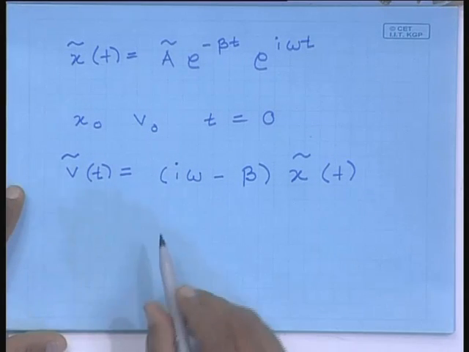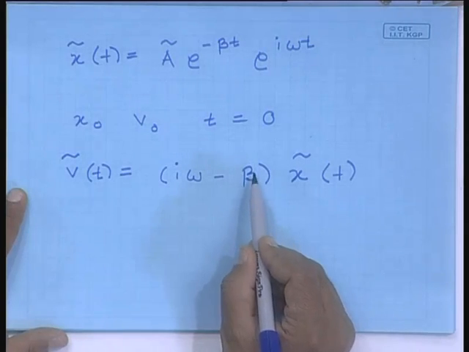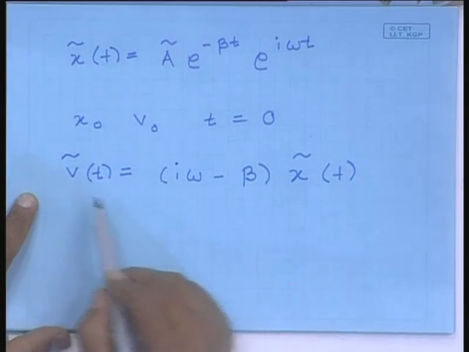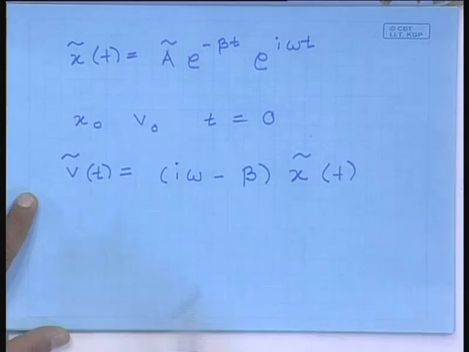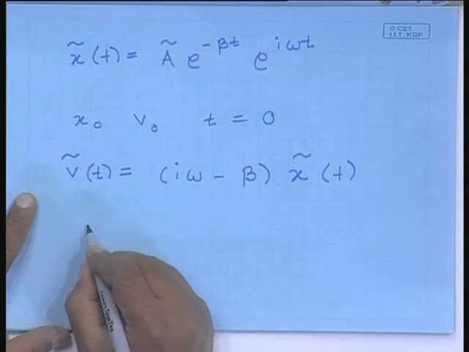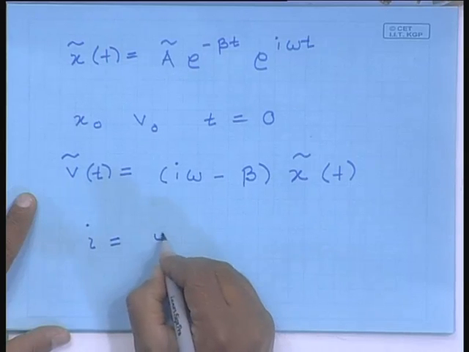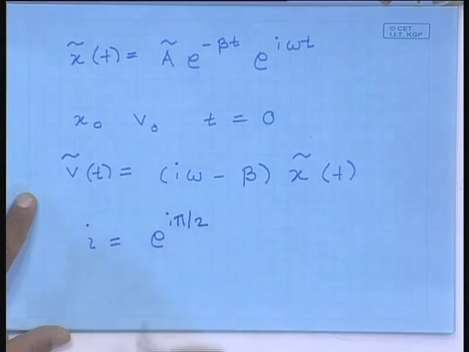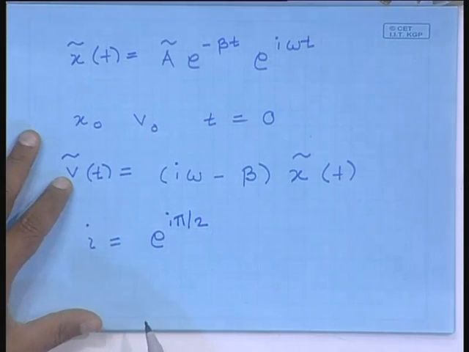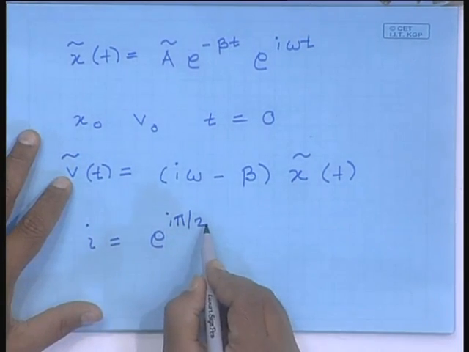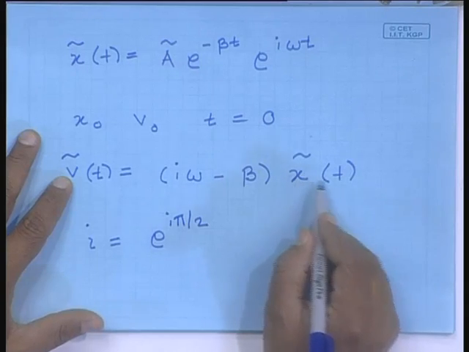Now, in the situation where there is no damping, when beta is 0, notice that the velocity is i omega into x tilde. Now, i is essentially e to the power i pi by 2. So, the velocity is essentially omega into e to the power i pi by 2 times x tilde of t.